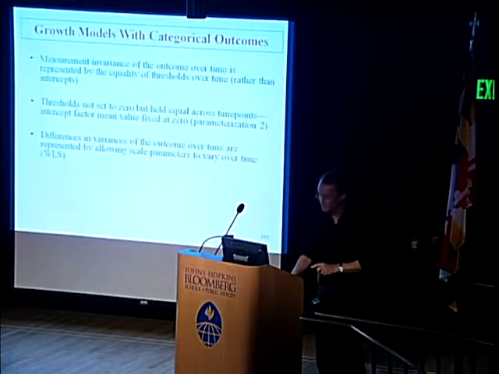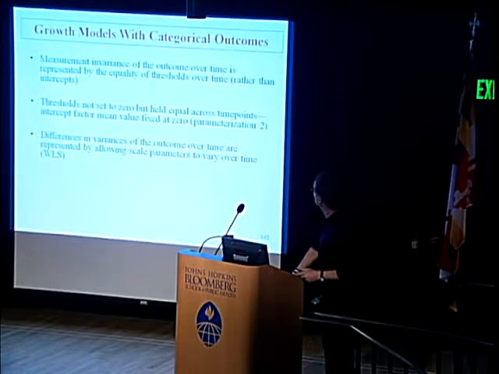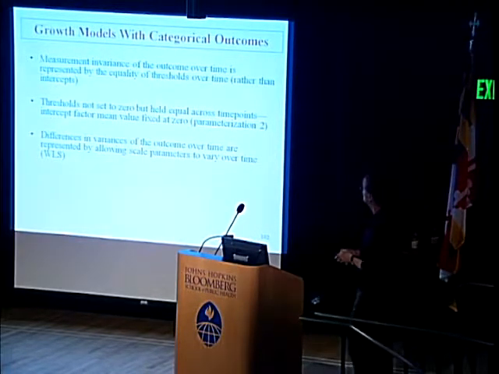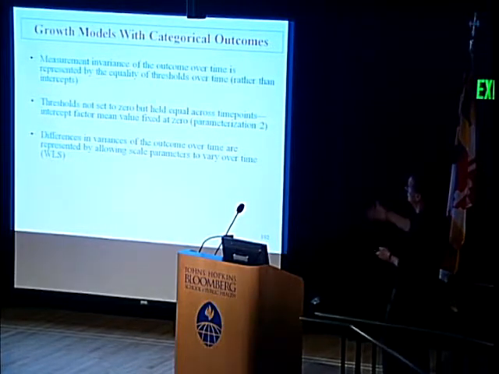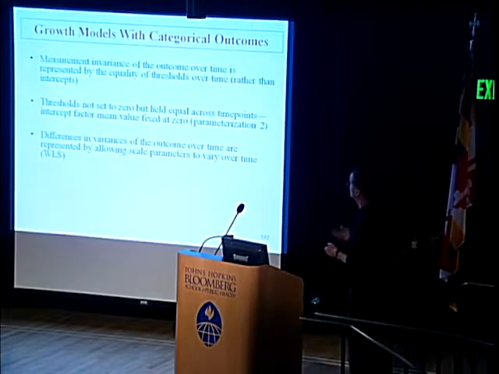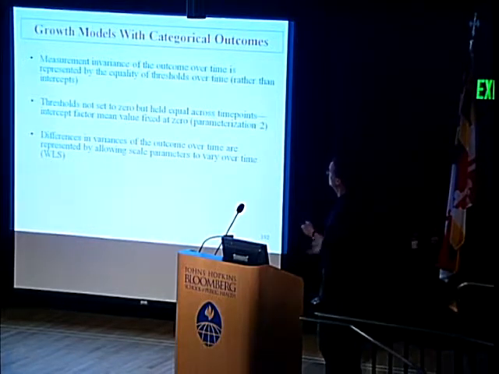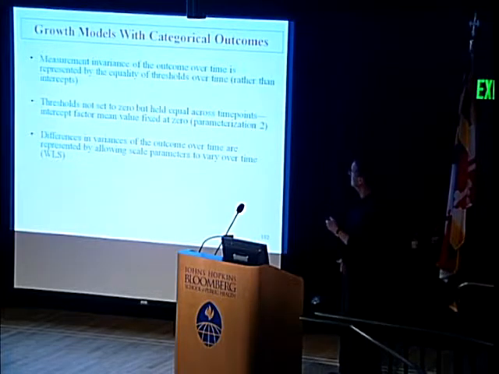So now, we talked about 2 parameterizations, and we get to parameterization 2 in this case, where instead of intercepts, as we've talked about so far, we're going to talk about thresholds. That's the counterpart for intercepts when the outcome is categorical.